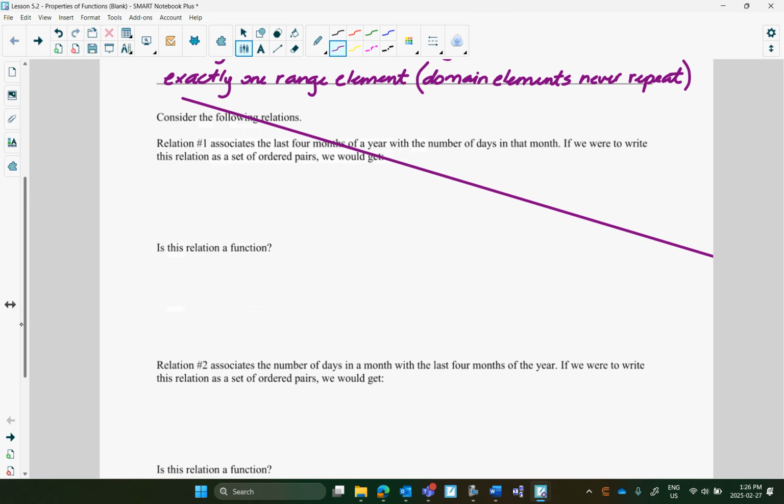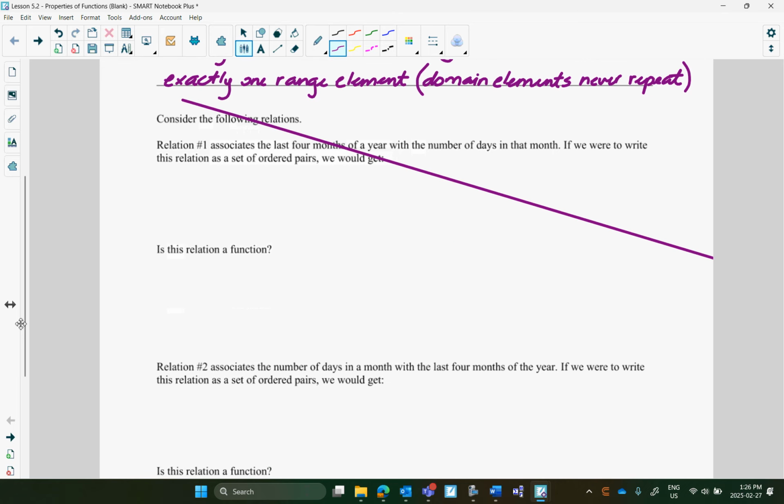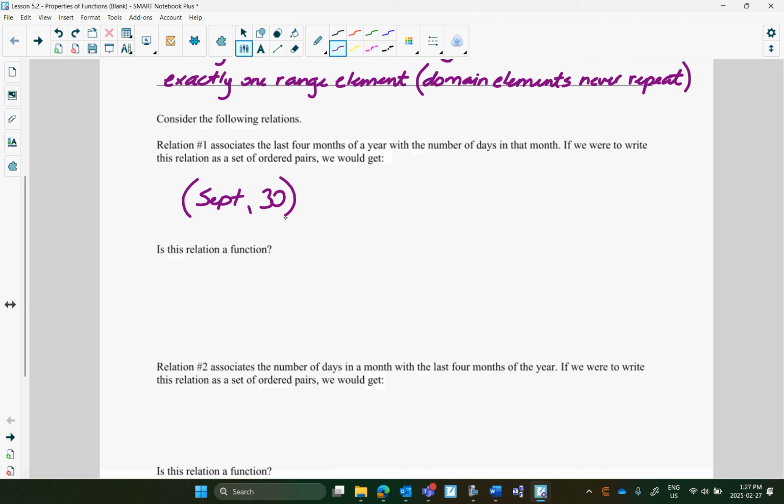So let's look at this one. Pretty simple relation. Last 4 months of the year with the number of days in that month. And we're asked to write a set of ordered pairs. So what is the fourth last month in the year? September. How many days does September have? 30. That's one ordered pair.